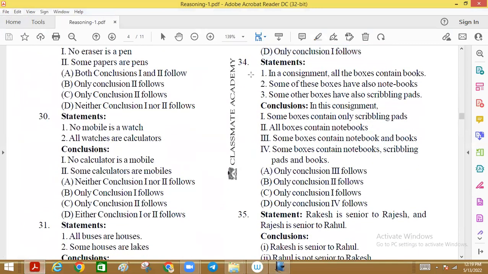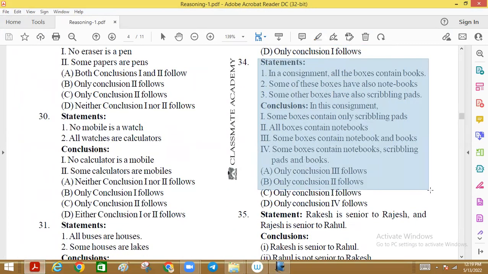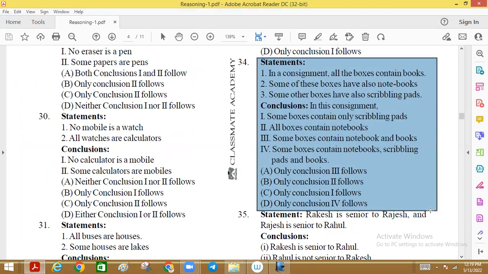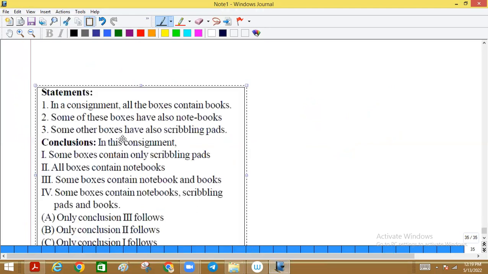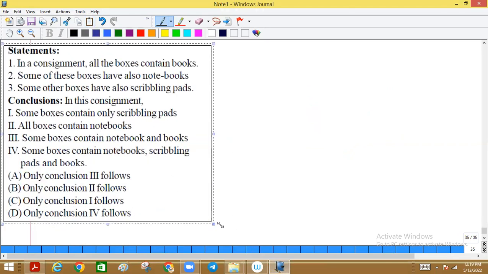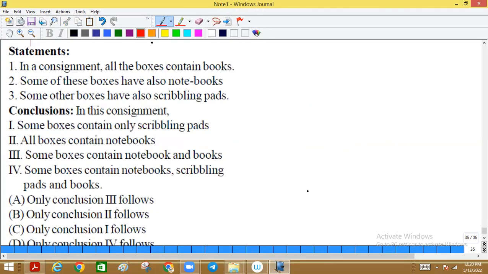Yeah, try to answer this one. In a consignment, all the boxes contain books. The second one is some of these boxes also have notebooks. The third one says that some other boxes also have scribbling pads.